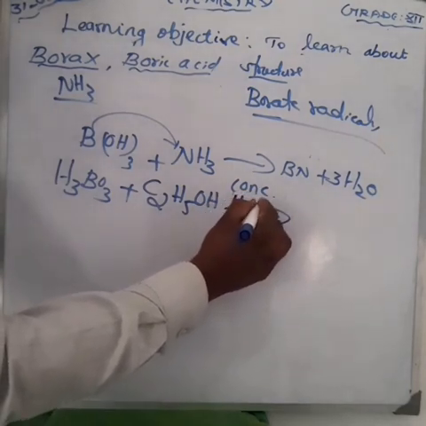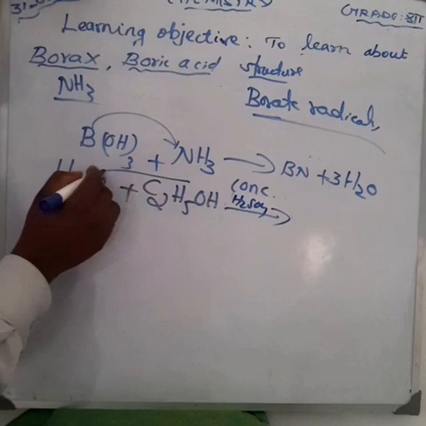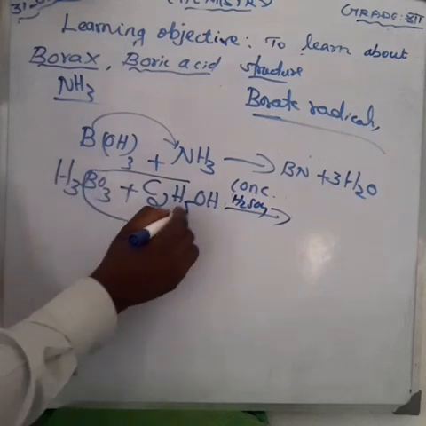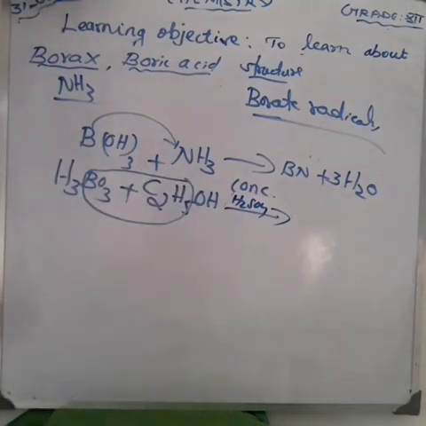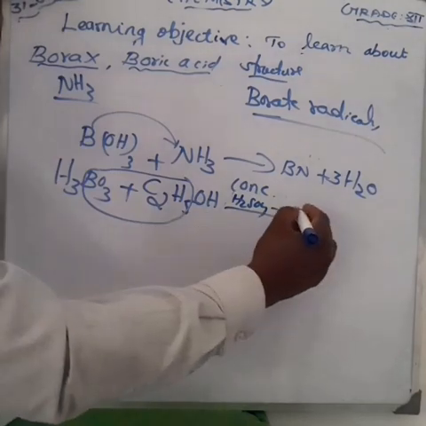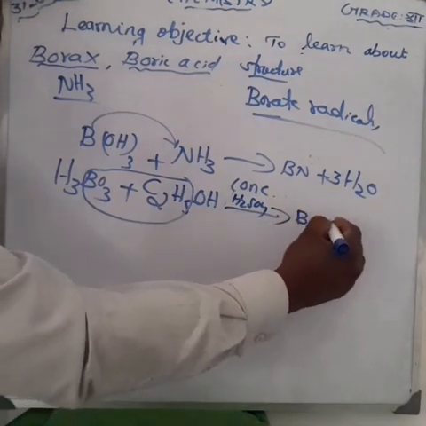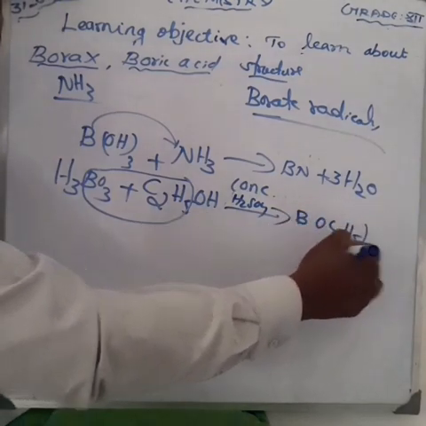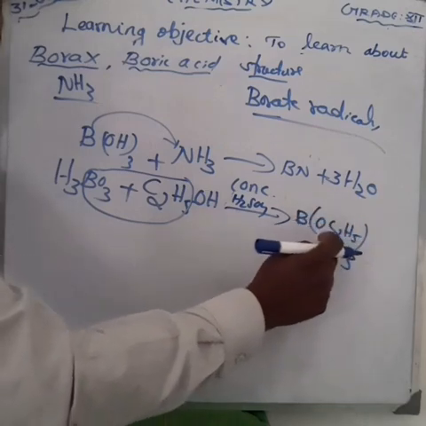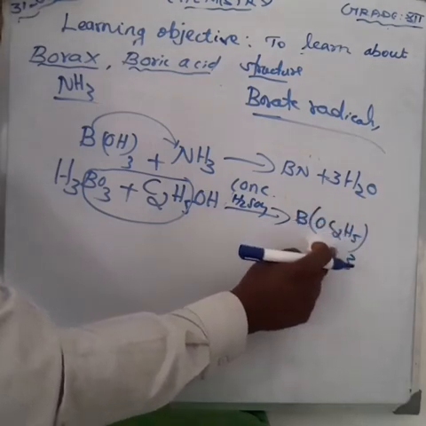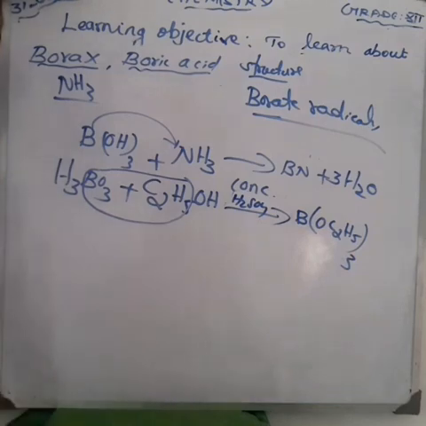This ethyl with oxygen. Otherwise, we can take ethyl with these borates. We get triethyl borate. Here, what is the product? Triethyl borate, we can write as B(OC2H5)3. Am I right? That is triethyl borate, plus hydrogen combines with OH to form water molecules.